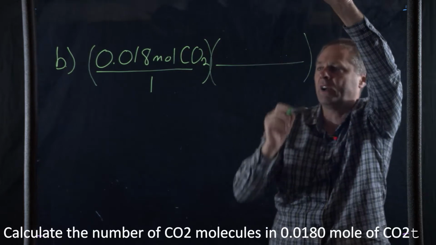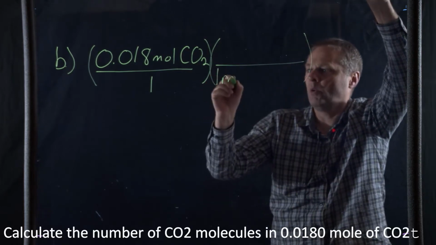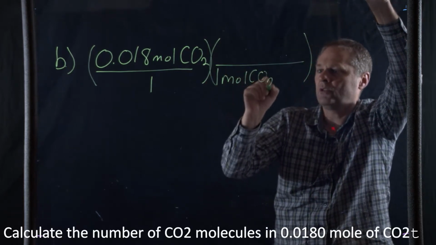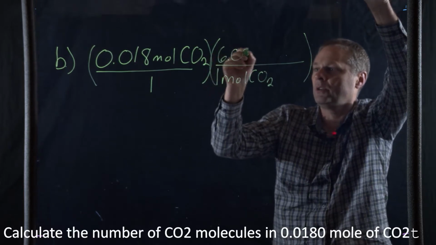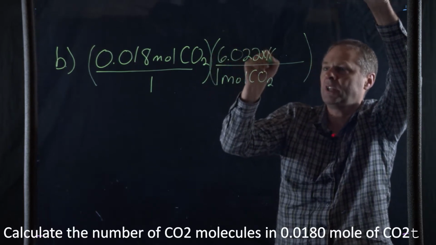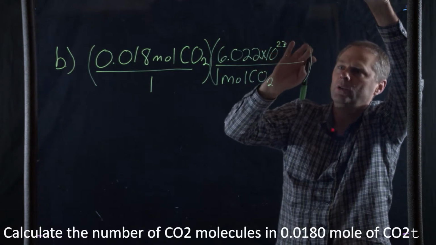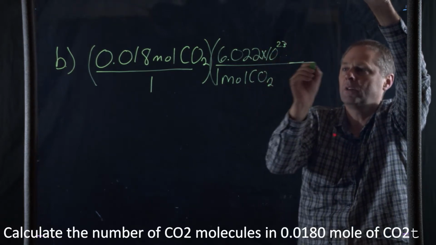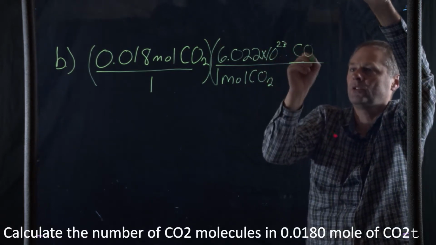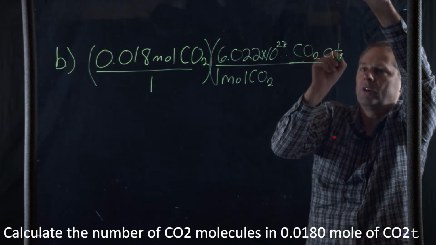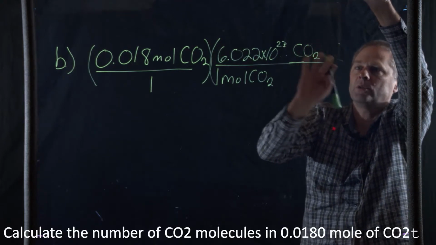We're going to use Avogadro's number such that 1 mole of CO2 is equivalent to 6.022 times 10 to the 23rd CO2 molecules.